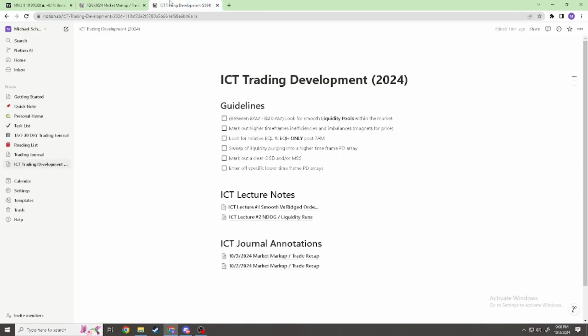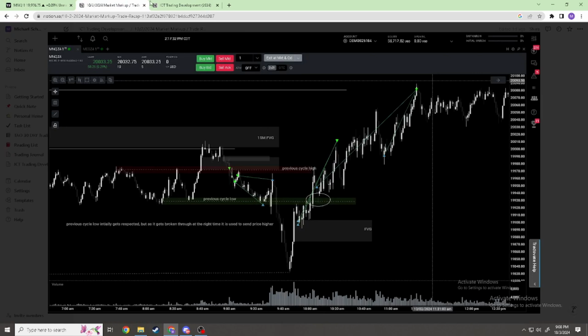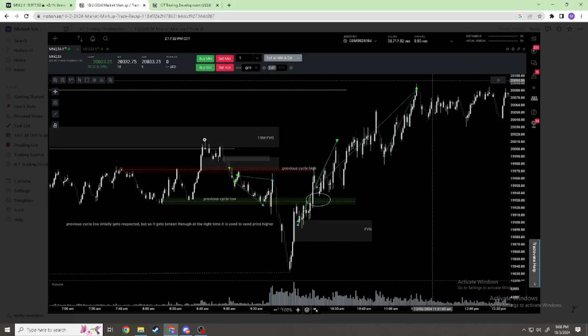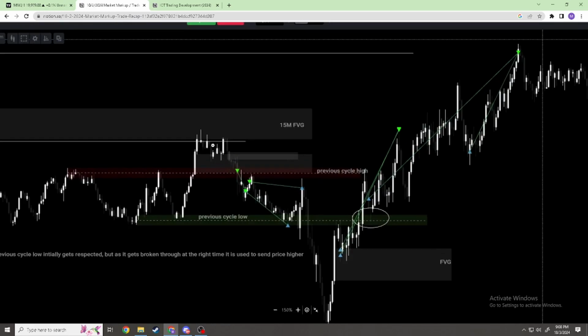And using all these, I form, I wouldn't say bulletproof, but a likelihood of where I want to see price being delivered. That being said, we come up here, we poke into this 15-minute fair value gap perfectly to consequent encroachment. Not even. And then, let me zoom in. And then we distribute, and we poke up a little bit more, but we're not making higher highs. So what do I see?